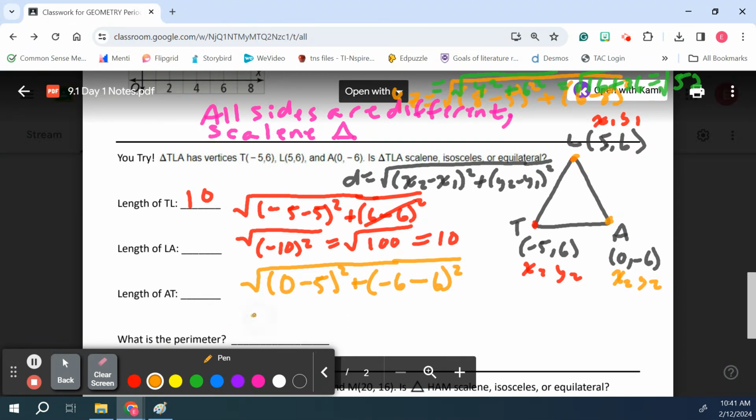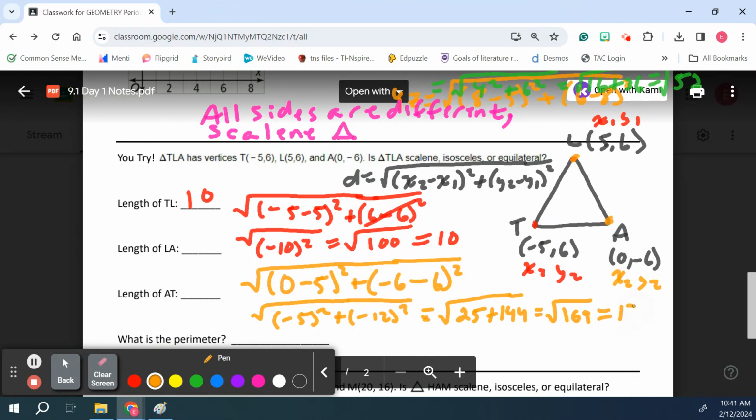So this becomes negative 5 squared plus negative 12 squared, which leaves me with the square root of 25 plus 144, which is the square root of 169, a perfect square, leaving me with a total of 13.